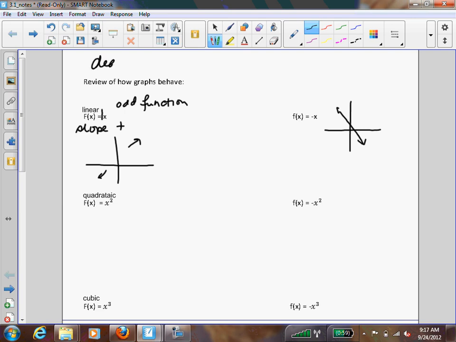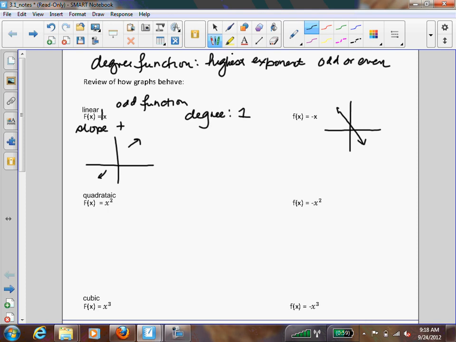The degree of the function is the highest exponent, and your options are either odd or even. So the degree of this linear function is 1, because the exponent is 1. And it is odd.